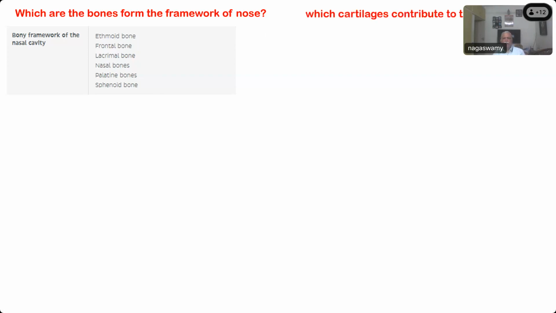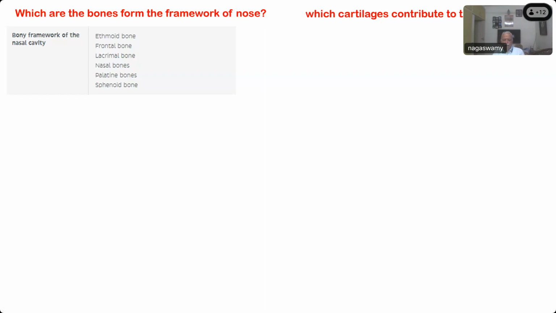Okay. Which cartilages contribute to the nasal septum? Because the nasal septum is made mostly of cartilages, whereas the nose is made up of both septal cartilages.